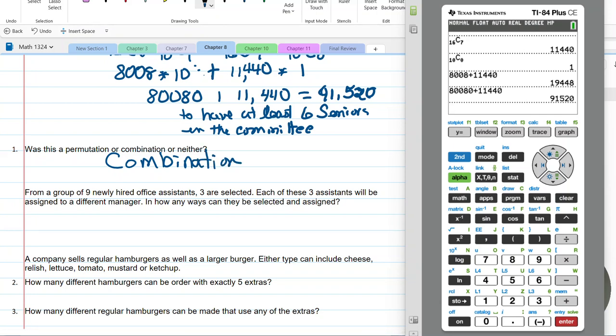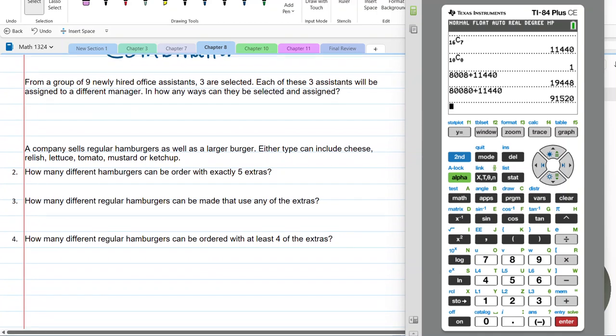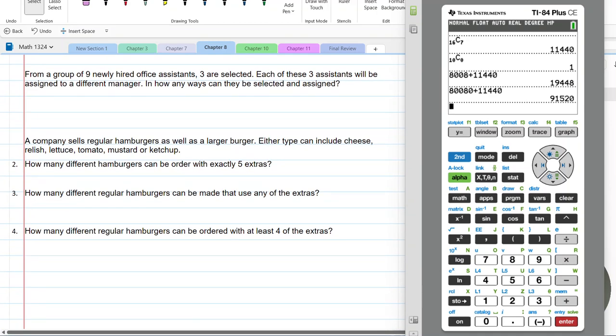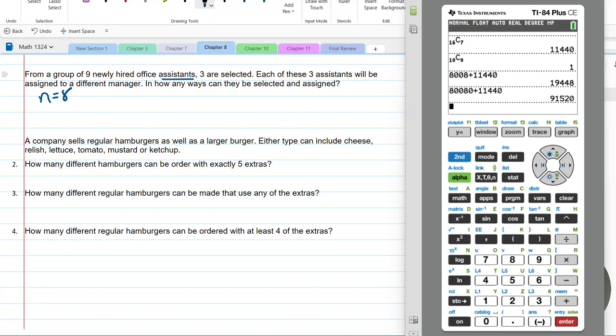All right. Now we have our last problem. And I know you're excited. From a group of 8 newly hired office assistants. So my N is 8. That's my pool. 8 assistants. 3 are selected.